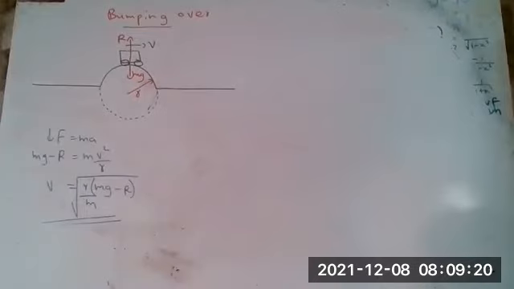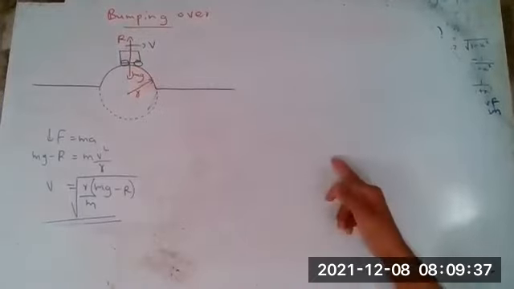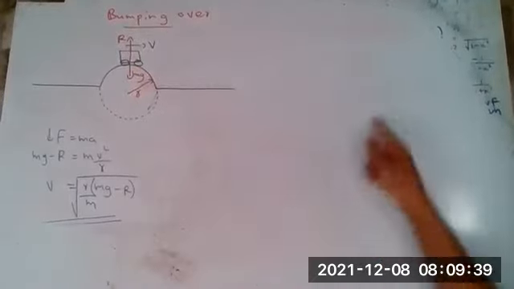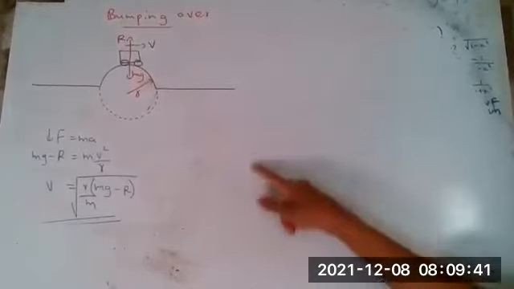So at one point, if gravity is acting downward and the velocity is also downward, then the velocity will be greater. And at another point, if it is going up, right now it is going in a circle, you know.